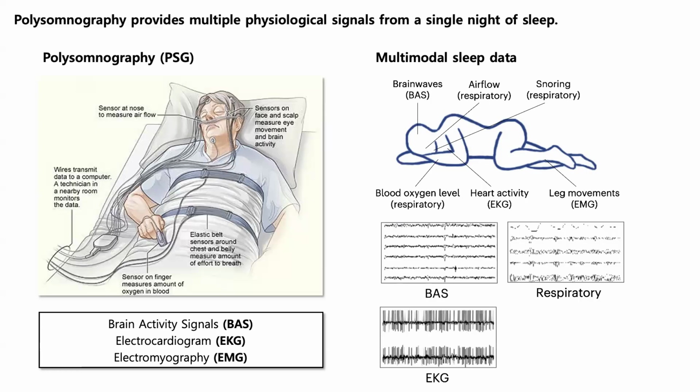Then there is EKG, electrocardiogram, based on the heart activity, such as heart rate. And this kind of signal is called EMG, electromyography, which is based on the leg movements. This kind of data we can get from the PSG test.